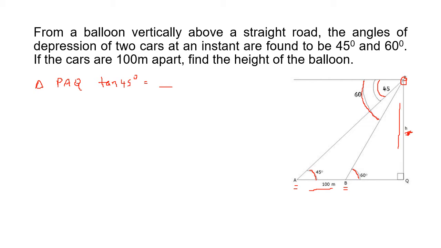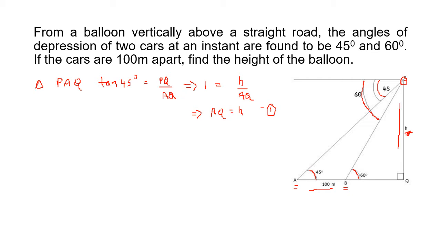The opposite side is PQ and the adjacent side is AQ. Since tan 45 is equal to 1, 1 equals PQ upon AQ. But PQ is equal to H, so 1 equals H upon AQ, which implies AQ is equal to H. This is equation number 1.